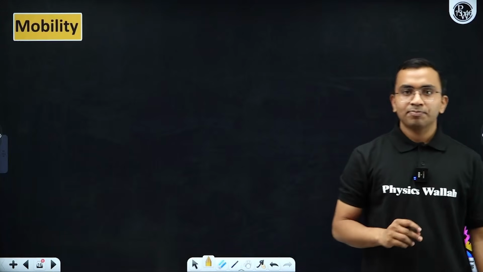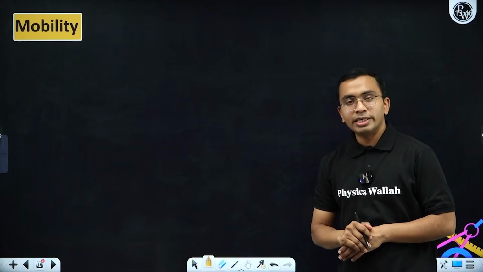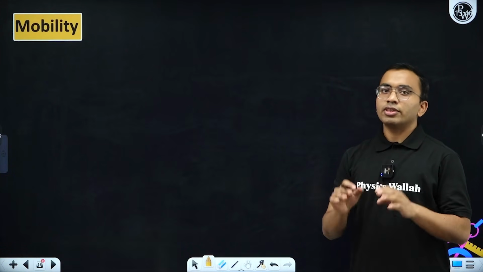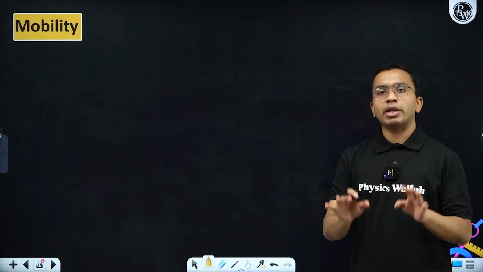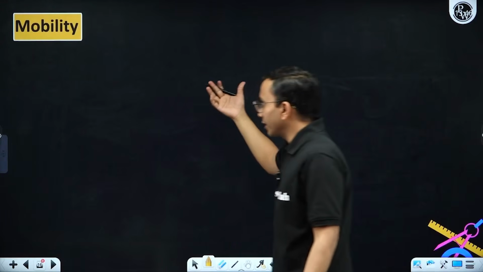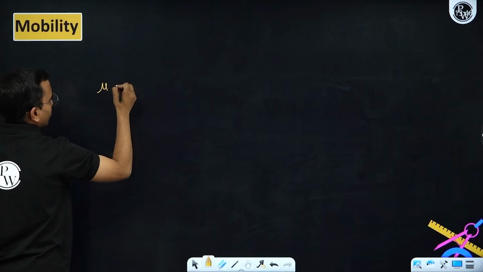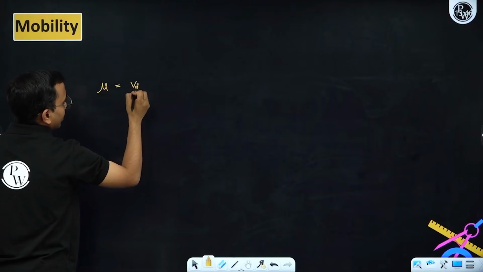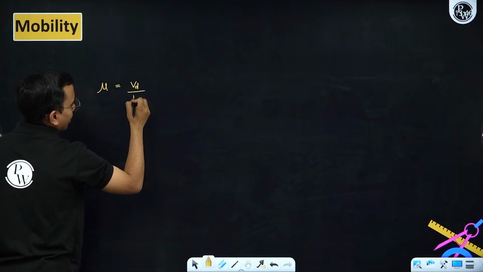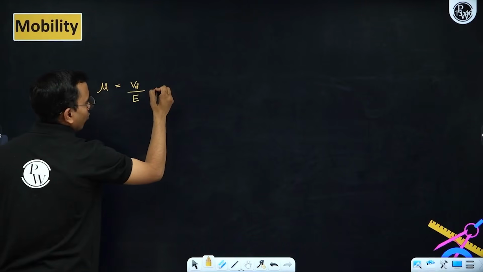Now mobility. Electron mobility is basically defined as the drift velocity per unit applied electric field. So let us take electric field is E, and mobility we denote with mu. This is the drift velocity V drift divided by the applied electric field E. What is V drift?